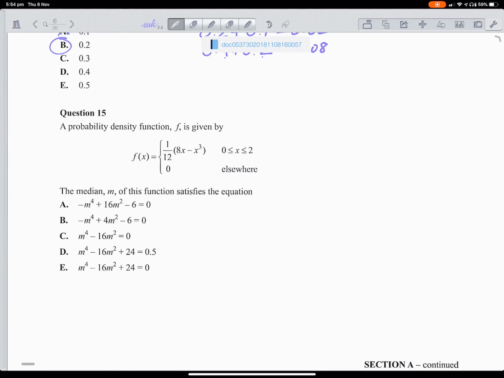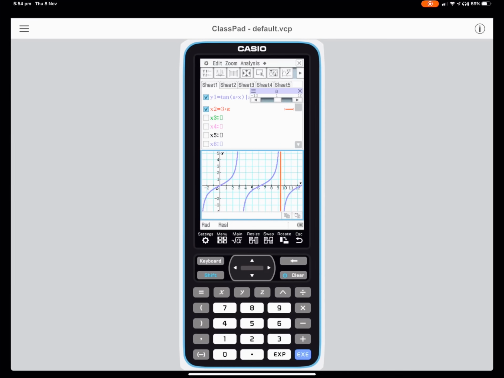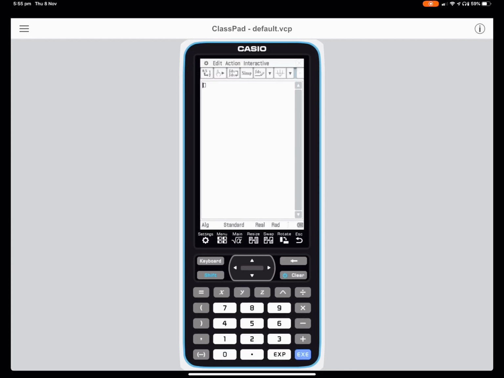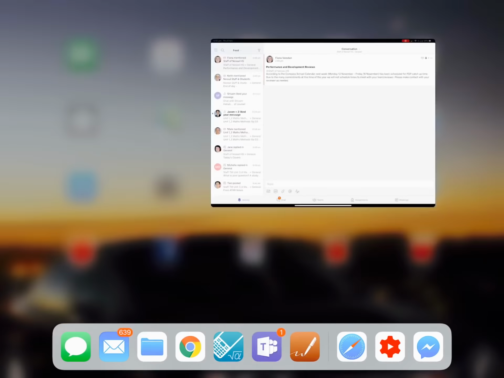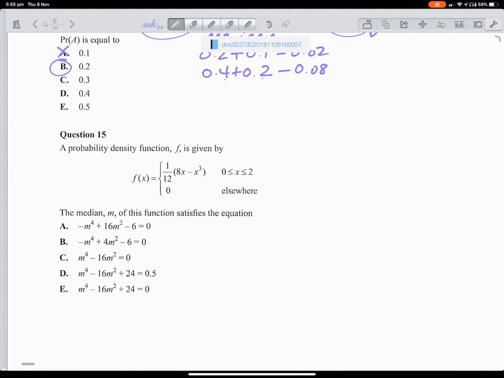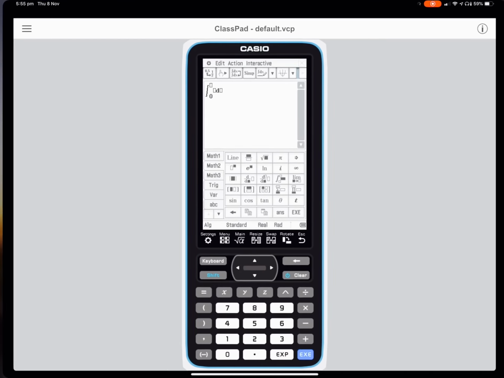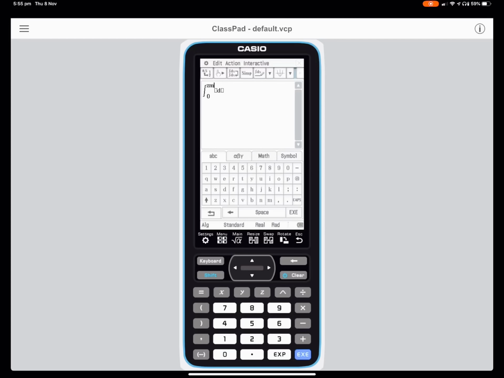Okay, probability density function is 1 on 12, 8x minus x cubed between 0 and 2. Clear all. Okay, that didn't look like it had 0 to... 1 on 12, the median, 1 on 12, 8x minus x cubed dx.